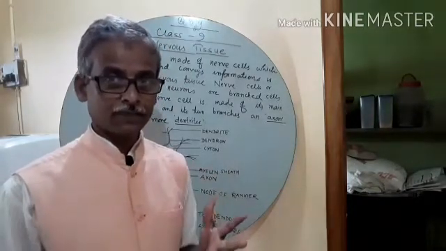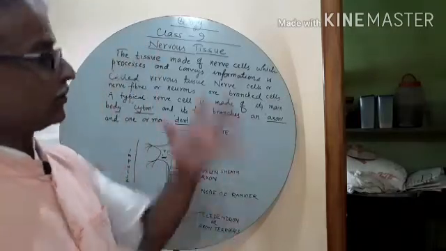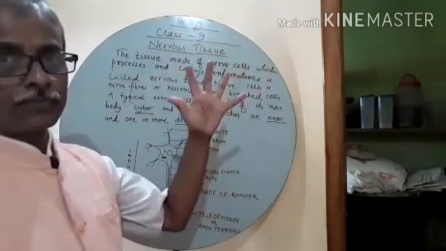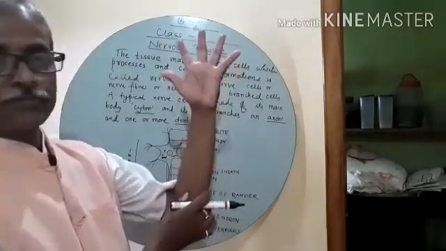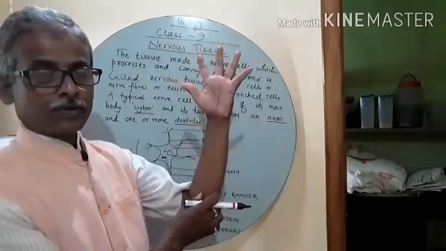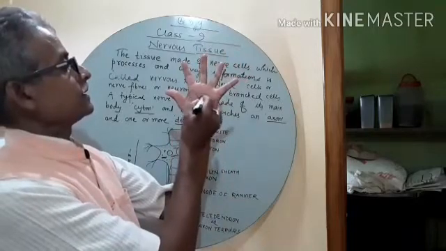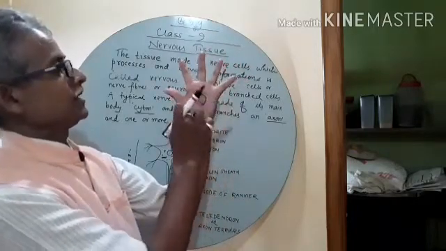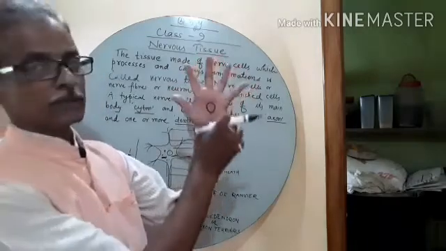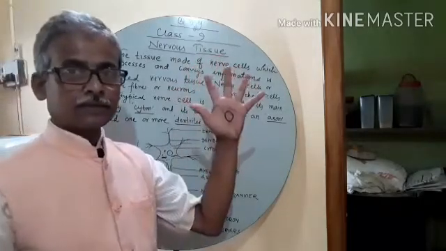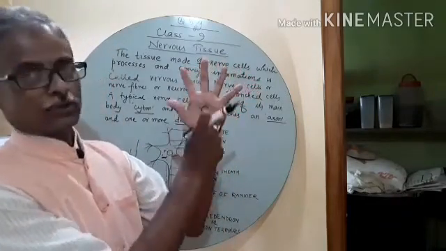If a typical cell is to be thought of, look at this palm, these fingers and this forearm. This is just like the main body of the nerve cell, that is called cyton.